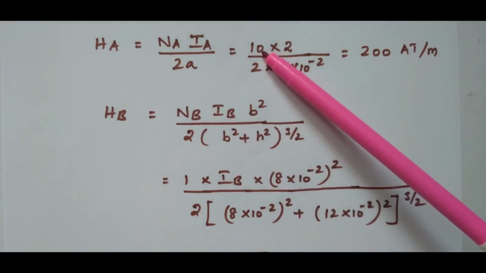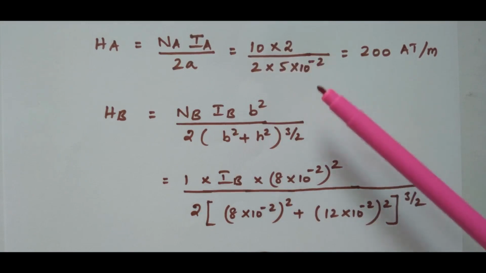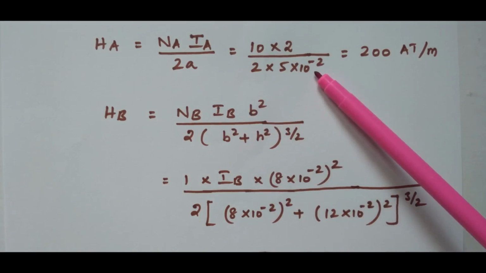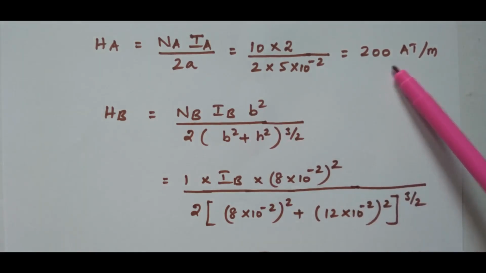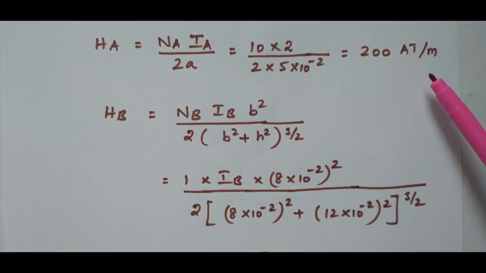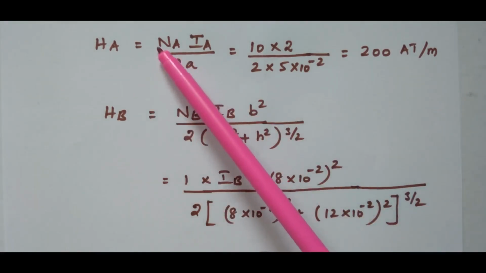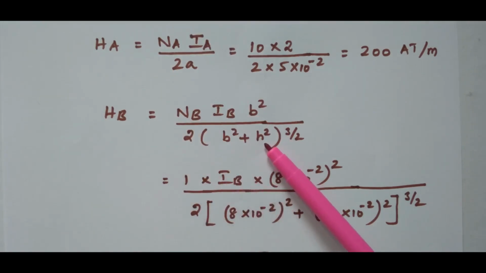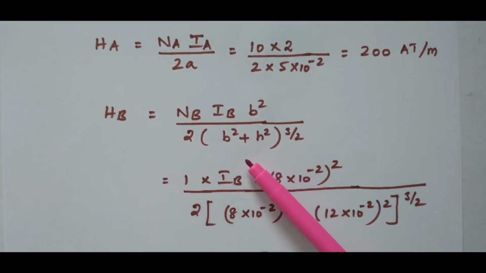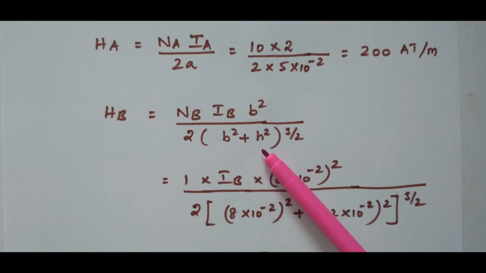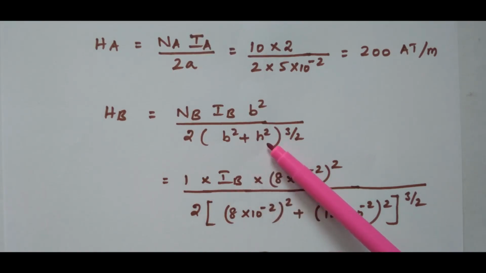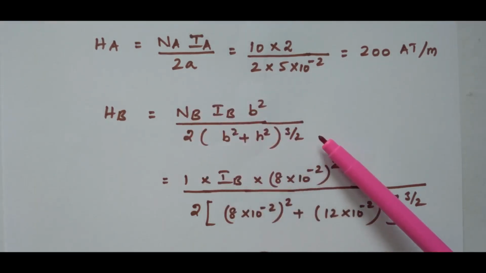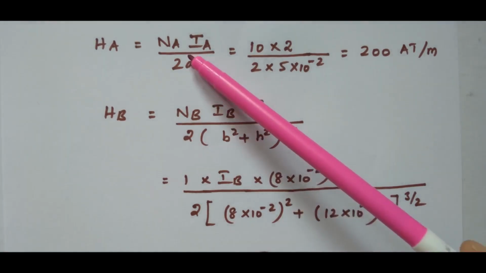The number of turns is 10, current is 2 ampere, divided by 2 into the radius, 5 into 10 to the power minus 2. That is 200 ampere turns per meter. Coil B is at a height of 15 centimeter, because the center to center distance between coil A and B is 15 centimeters. So we are using the formula in terms of height.